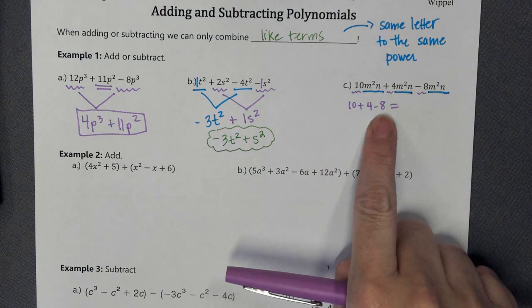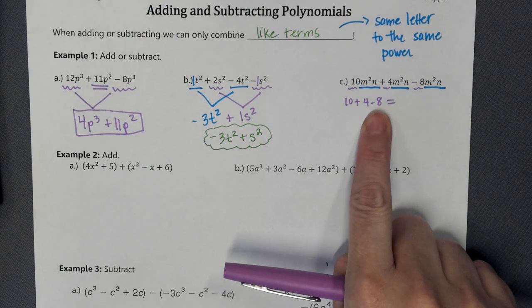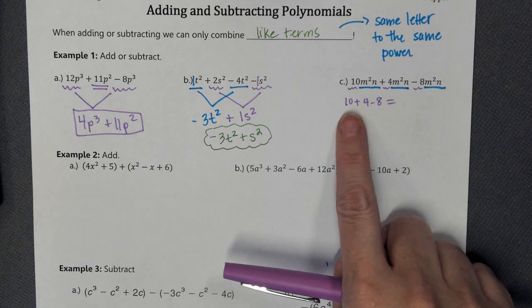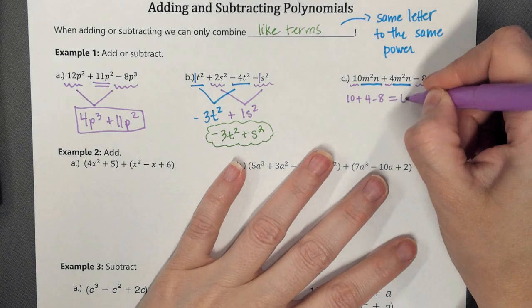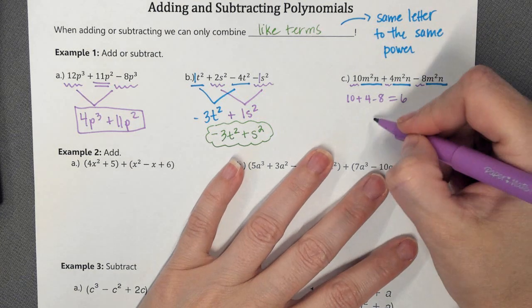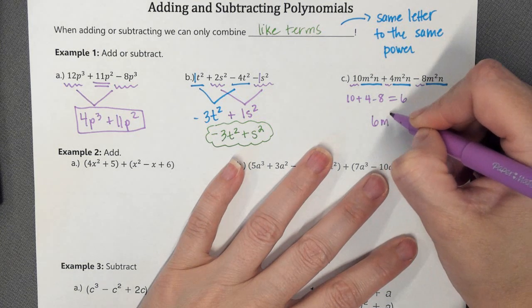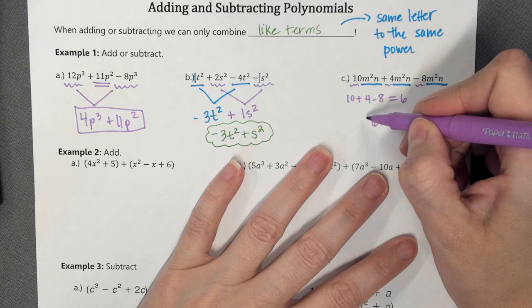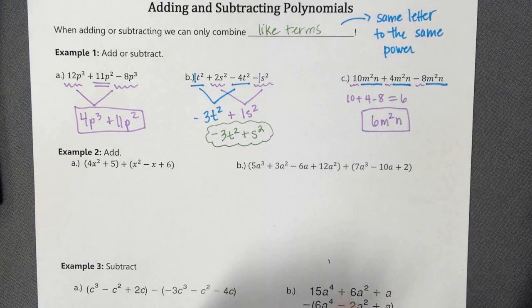We know 10 minus 8 is what? 2. 2 plus 4 is 6. So your answer is just 6 m squared n, and that's your final answer. Okay, so those are all like terms.